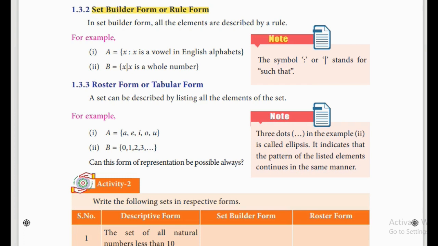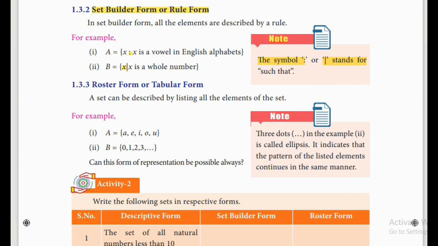The symbol, a colon or the slash, we have to read as such that. Otherwise, the slash is known as such that.